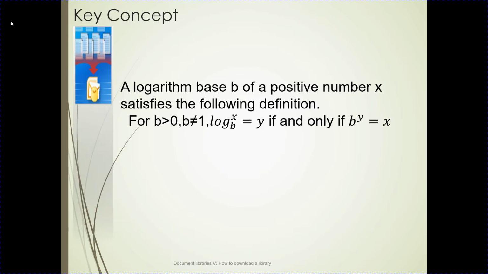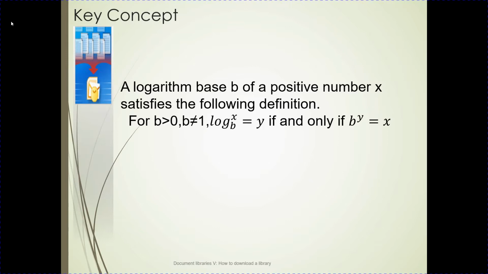If the two functions are inverse to each other, then we can easily relate their graph. From last week's lesson, when we discussed exponential function, we saw the graph of the exponential function. So for this week, it will be easy for us to draw the graph of the logarithmic function, because if two functions are inverse to each other, then one is the exact reflection of the other across the line y is equal to x.